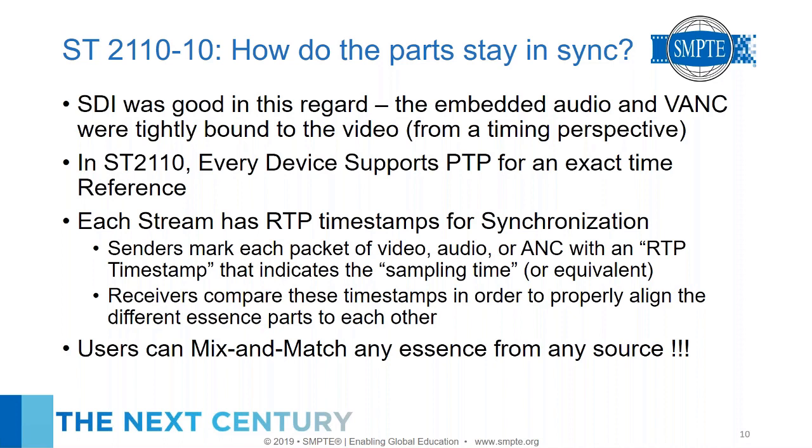How long should a device wait for a late signal before it just goes anyway? Those kind of topics. So yes, that's a very current topic, and it does vary a little bit from device to device how much buffering is built in for accommodating late arriving audio or late arriving video, or for that matter, audio that's way too early or video that's way too early. Those are really the same thing, right?